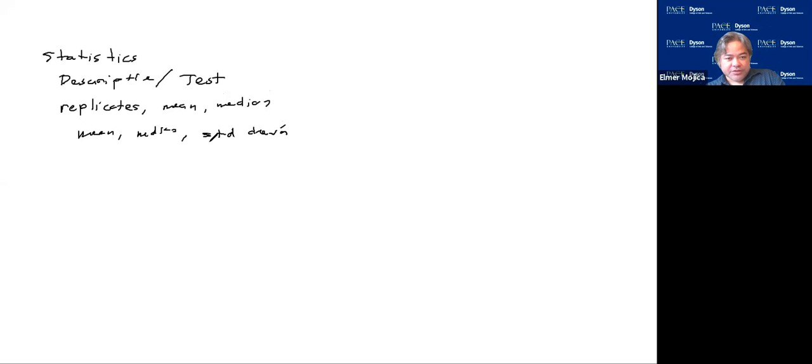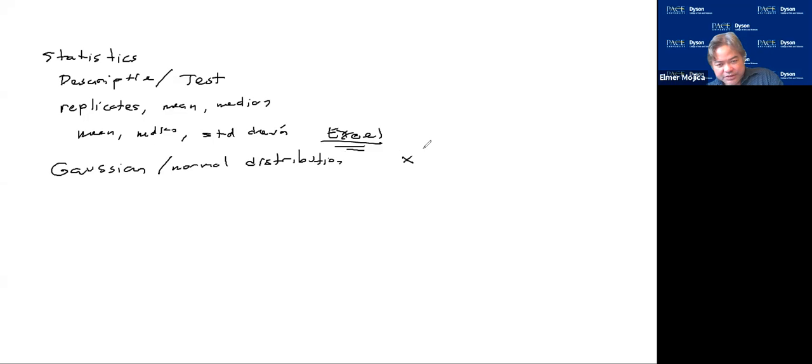Okay, so if you're going to look at this, everything can be done with the Excel. And then we also introduced the Gaussian or normal distribution, wherein if you have the mean and the standard deviation, you could be able to determine the fraction of population under a certain condition.